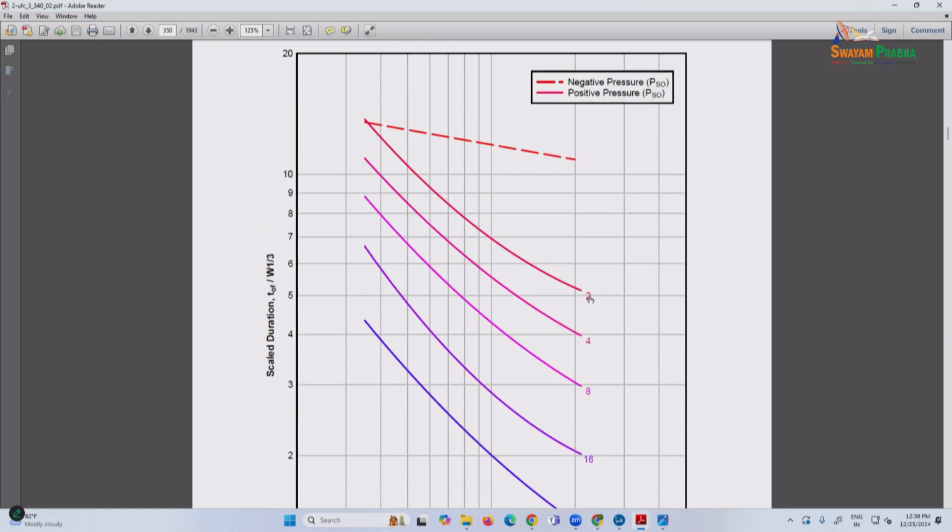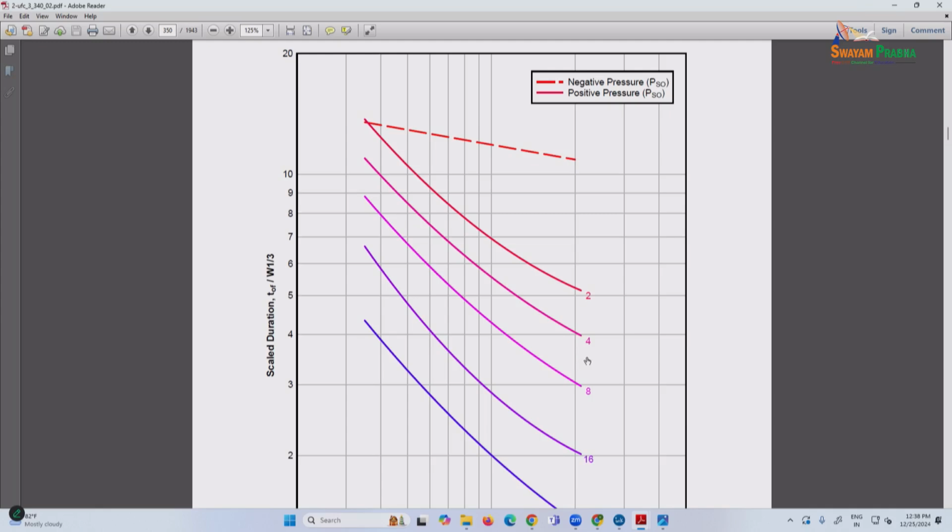And based on the pressures, for positive pressure we are calculating, how much is PSO? 6. So 2, 4, 6, somewhere in between.